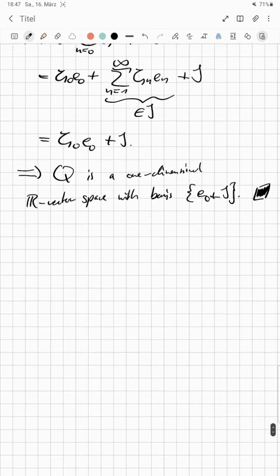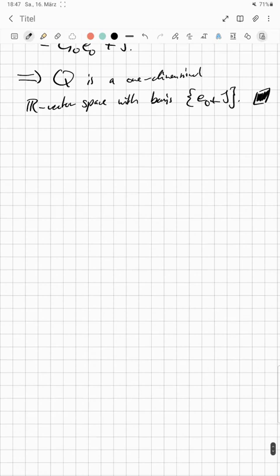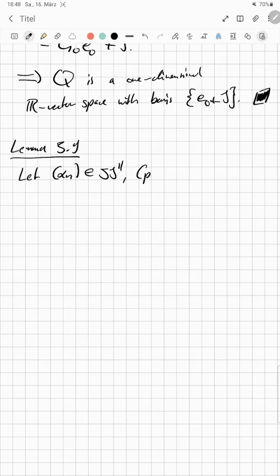Now, to find a different isometric isomorphism, we will first develop a different technique to calculate the norm in Sj dash dash. And this will be lemma 3.9. And this will state that for alpha n from Sj dash dash and some indices from our set F, we define y of alpha pn to be the following sum.